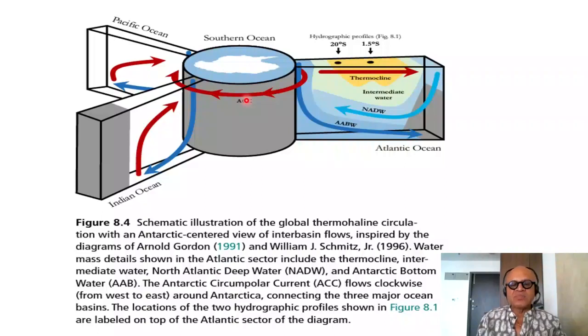The Antarctic Circumpolar Current, ACC, flows clockwise west to east around Antarctica, connecting the three major ocean basins which we saw before. The locations of the two hydrographic sections shown in figure 8.1 before are labeled on the top of the Atlantic sector, which is here: 20 south, 1.5 south, 25 west.